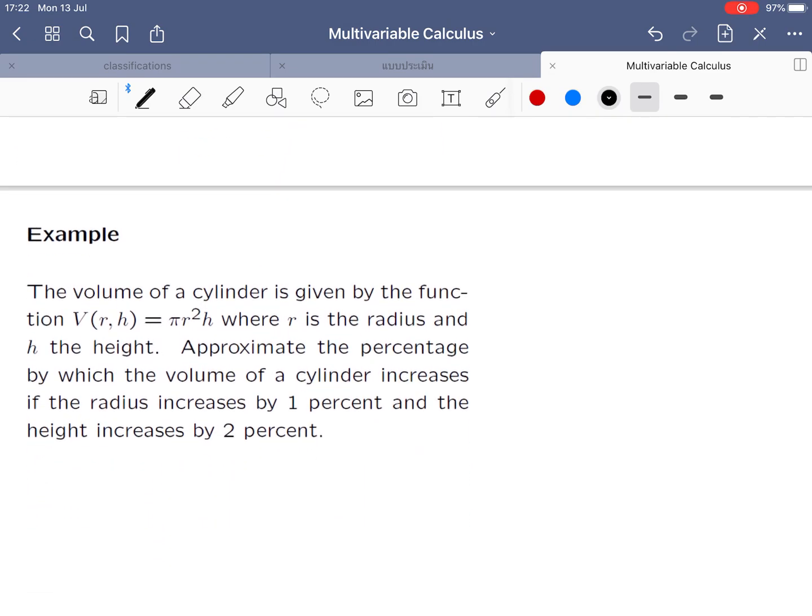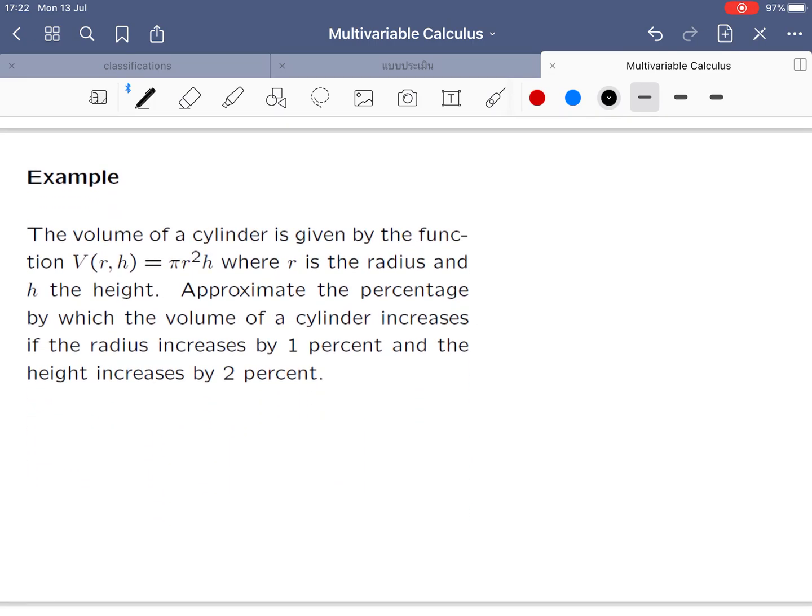So for example, if you're talking about the volume of the cylinder, the volume of the cylinder is given by pi r square h, of course you know it, right? Where r is the radius and h is the height. So the cylinder looks like this. You have the height and the radius r. You need to approximate the percent change by which the volume of the cylinder increases if the radius increases by 1%.